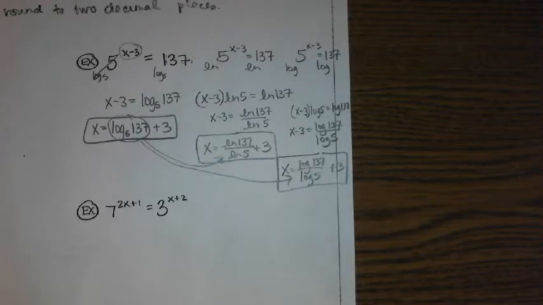I want you guys to just do the natural log of both sides. And I want you guys to do this plain old log of both sides, log of 10. And you both pick whatever you want.